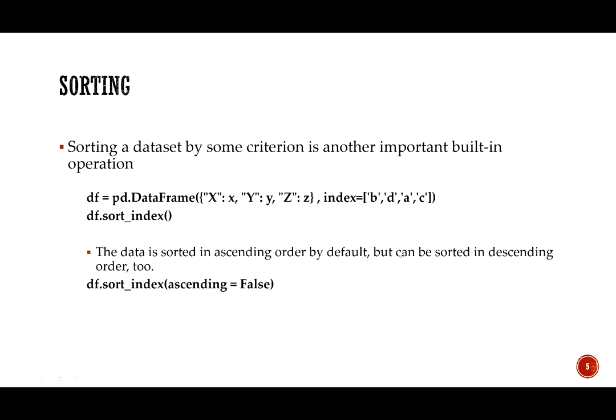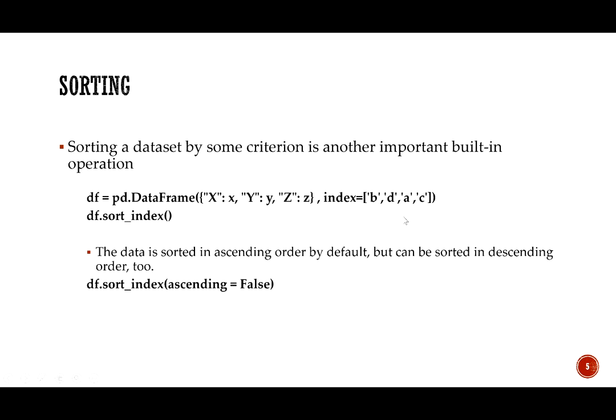We can also sort a data set by some criterion using built-in operations. So let's say we are working with the same data frame, X, Y, Z, we just created, and now I'm assigning an index. I want to assign a different index to each row. By default, it's 0, 1, 2, 3, and now I want to assign B to the first row, D to the second row, A to the third, and C to the fourth one.